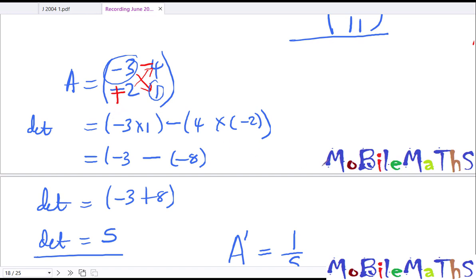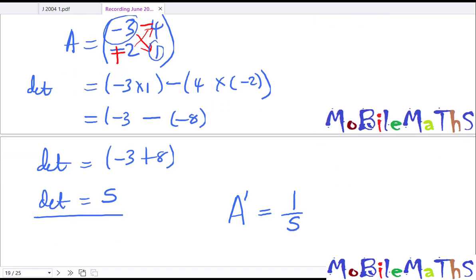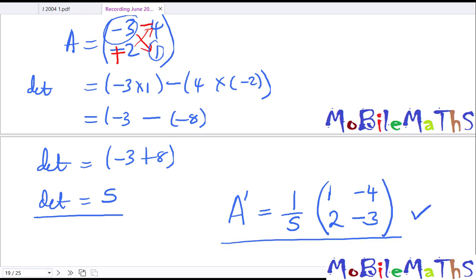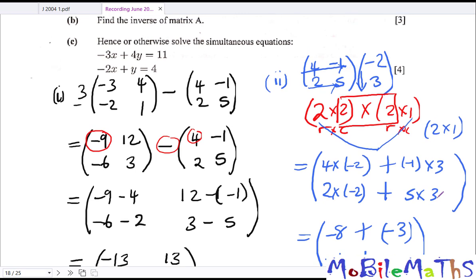So our final answer is going to be 1 over 5. Then we have got a 1 here. Then we have got a minus 3 here. They have swapped positions. Then 4 becomes a minus 4. Minus 2 becomes a plus 2. So this is our inverse. Okay. Let's move on to the next question.